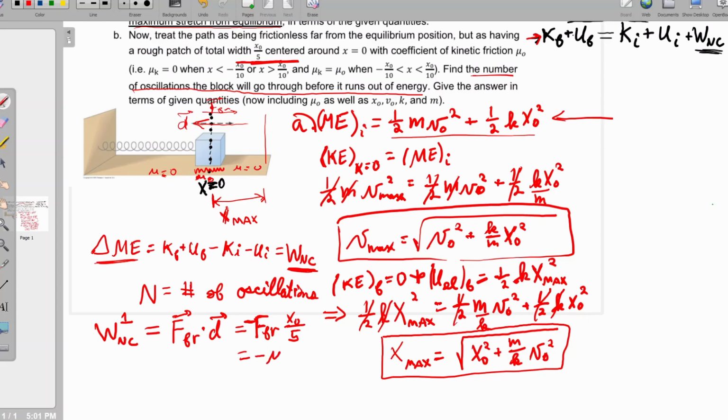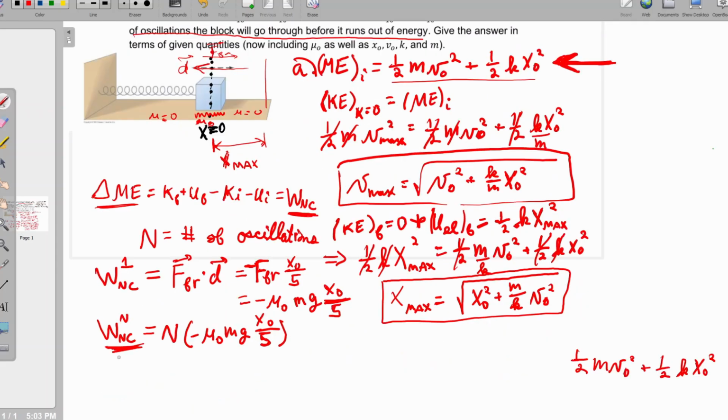So we have minus μ0 times the normal force, which when the plane is perfectly flat is just m times g. So we have minus μ0 mg times x0/5, the distance. So that's the work that is done by non-conservative forces for one oscillation. The work done by non-conservative forces over n oscillations would then just be n times this exact number, minus μ0 mg x0/5. Okay, so this is the work done by non-conservative forces over n oscillations.